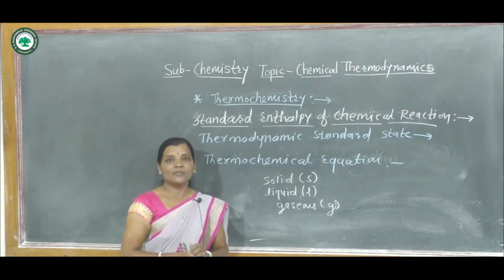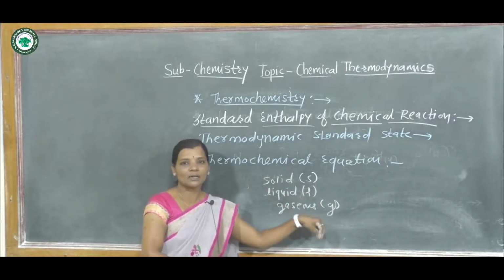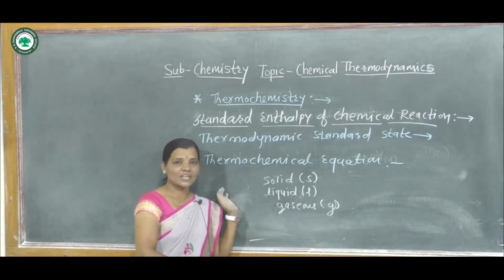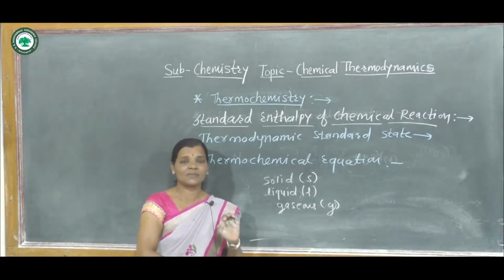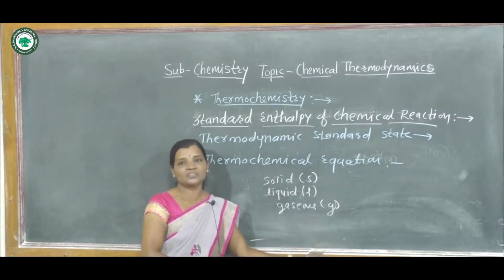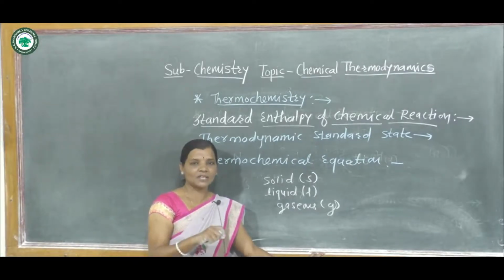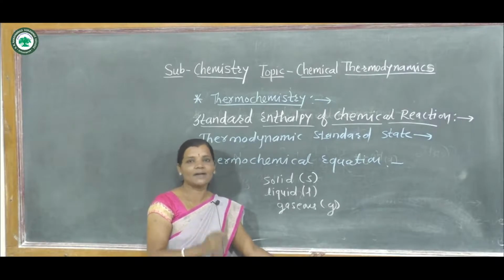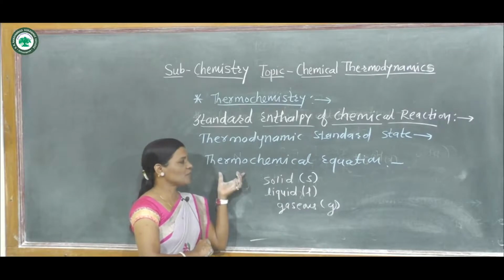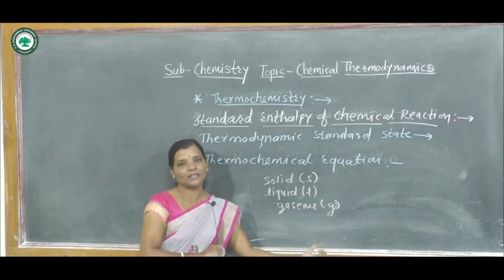If we have to change the number of moles, and we divide or multiply the equation by any factor, then we have to multiply or divide the enthalpy change value by the same factor. Then whatever equation results should be the thermochemical equation with the appropriate value of enthalpy change.